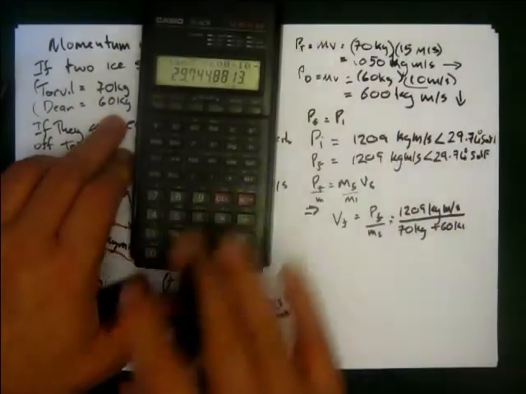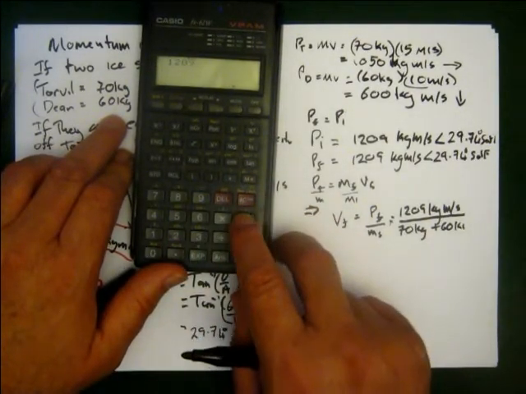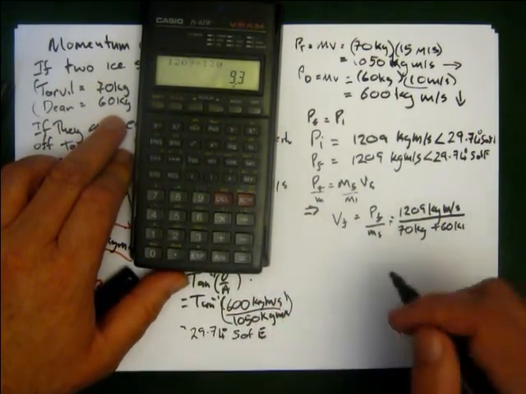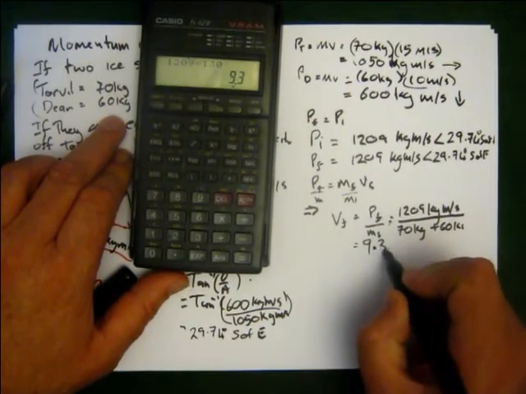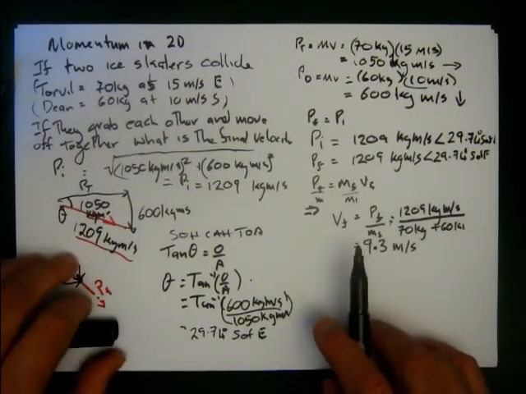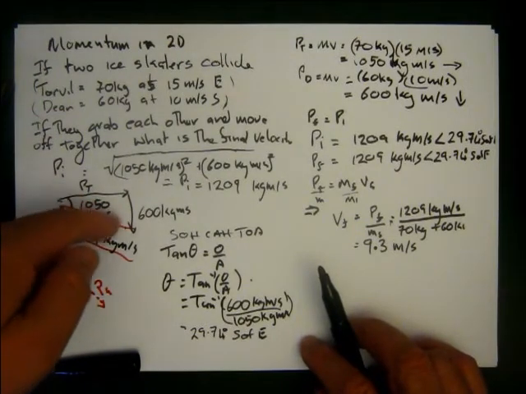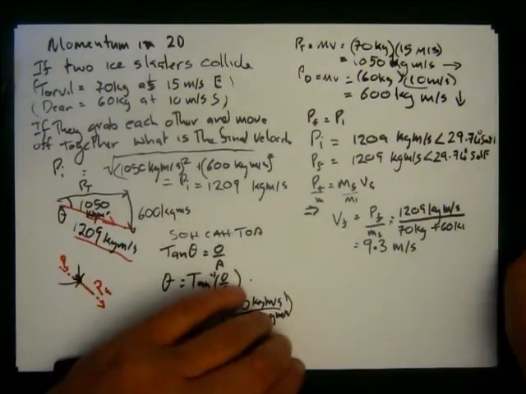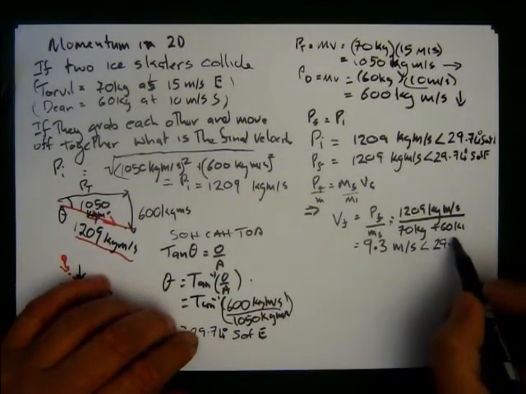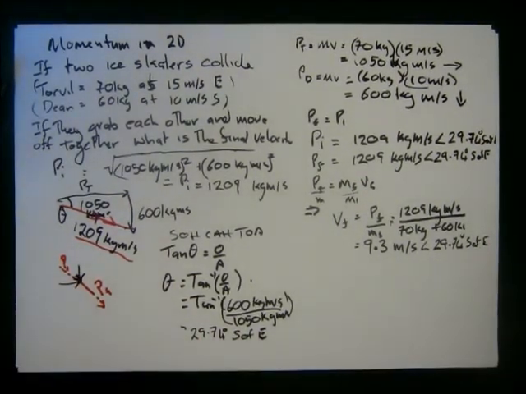So it's going to be 1209 divided by 130 equals 9.3 meters per second. So the final velocity is going to be 9.3 meters per second that way, at an angle of 29.74 degrees south of east. And that's the final answer.